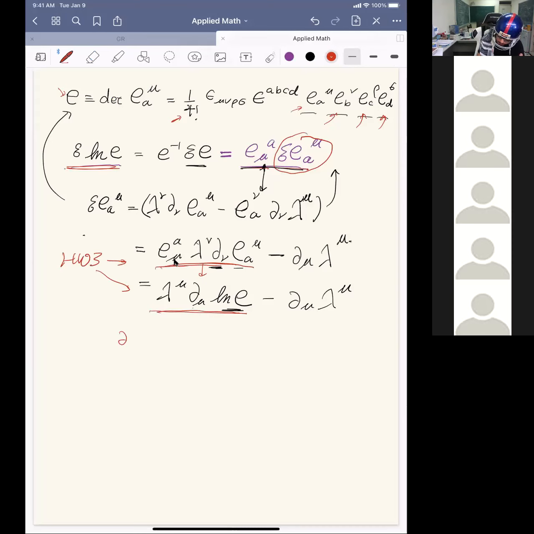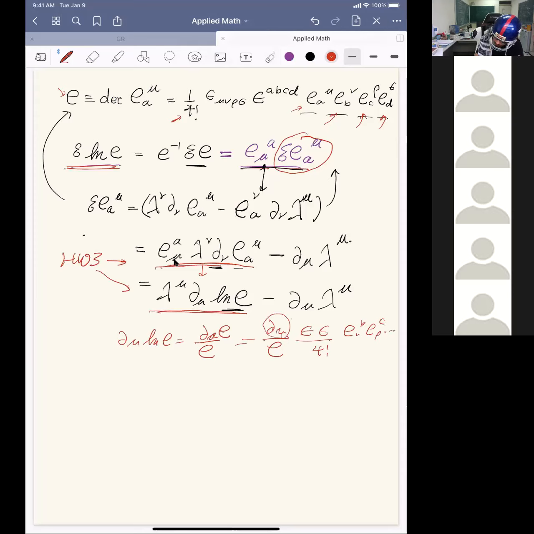Remember that partial mu log E is just E inverse partial mu E, but then E is the determinant, so it's once again all of these epsilon 4 factorial E B nu E C, and so on.